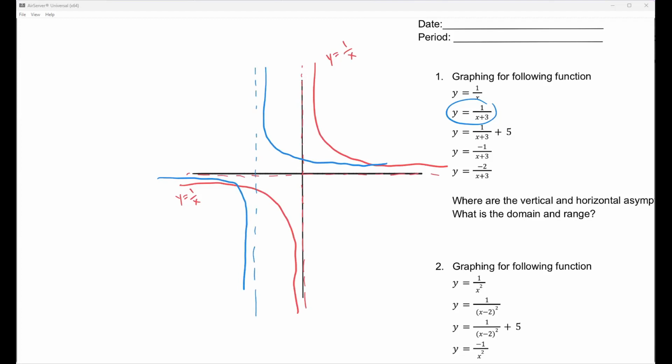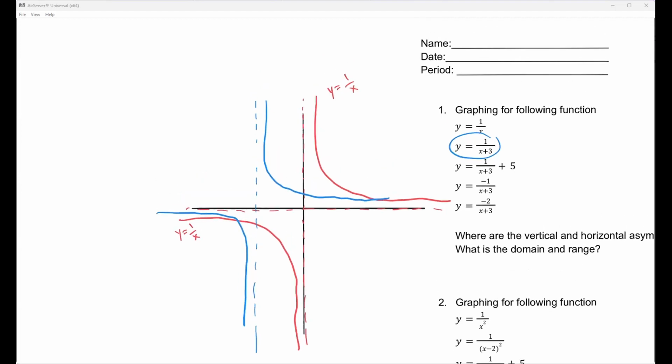What about the +5? The blue graph goes up 5 times, right? So we're just going to do this, and this.